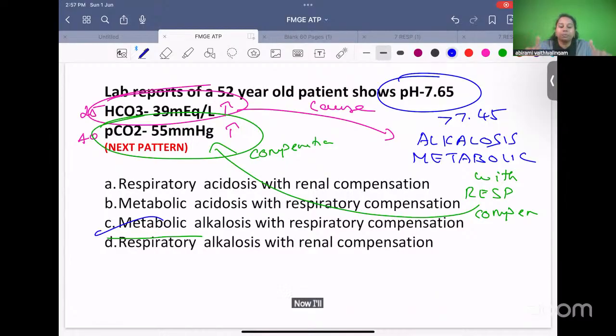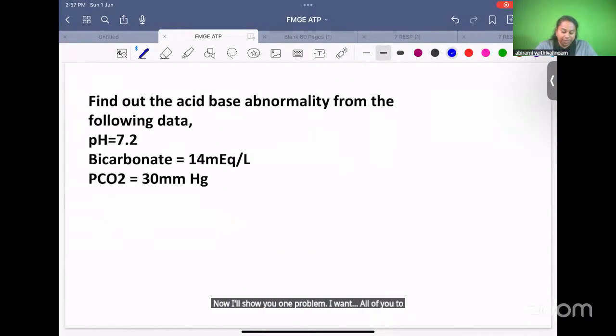Now I'll show you one problem. I want all of you to try and get an answer. All of you will wait. All of you get an answer and type. Just follow the same steps and do this.